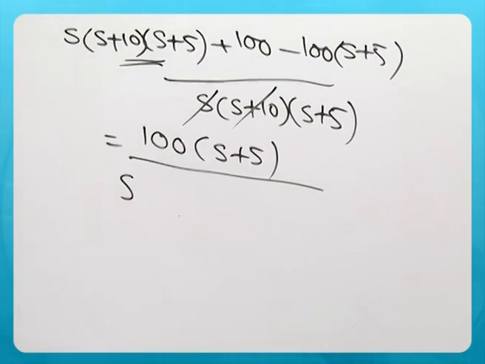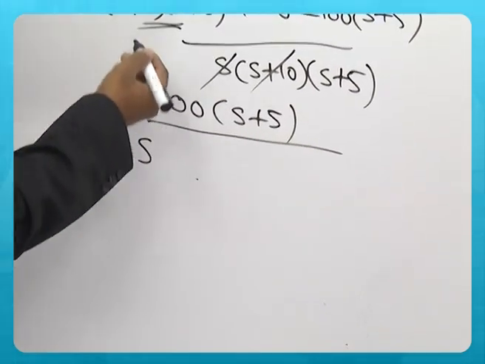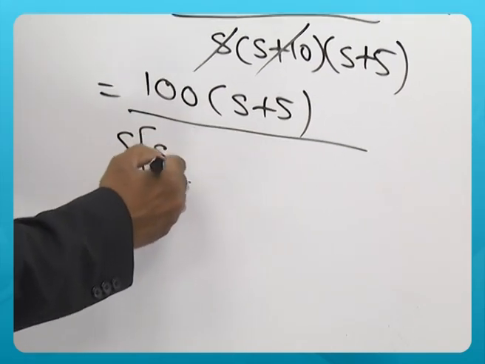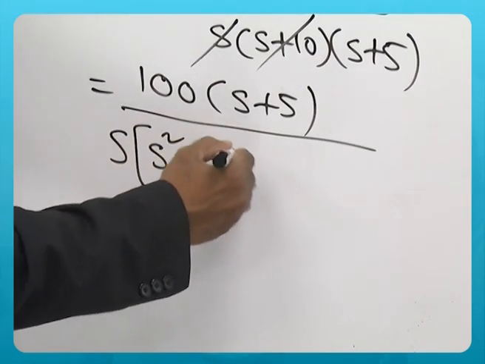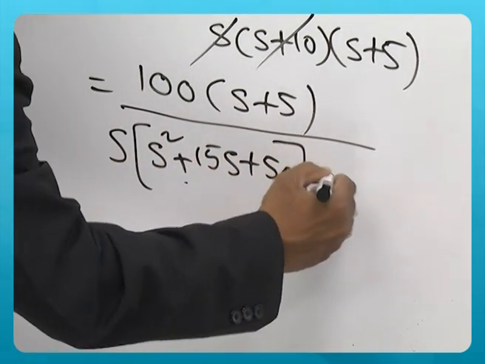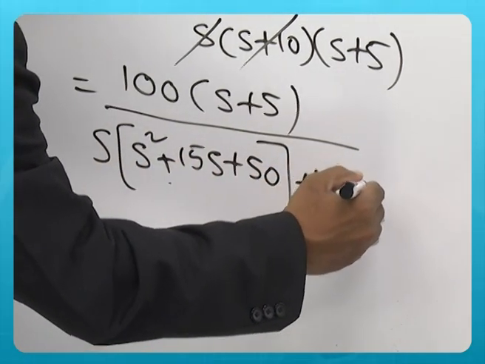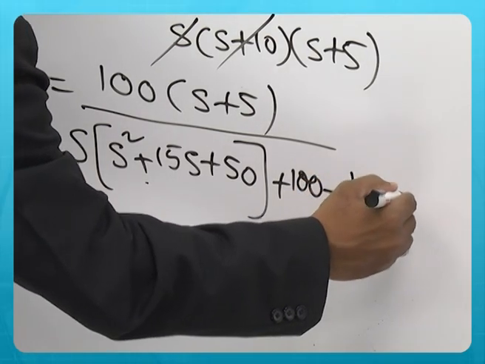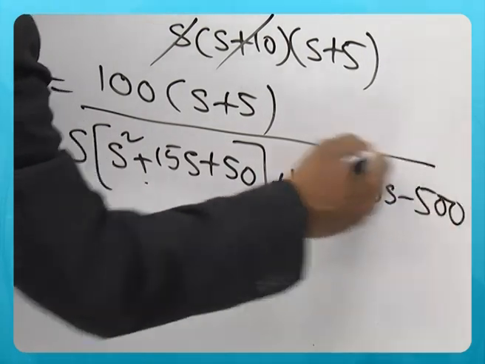If you multiply these two factors, it becomes s square plus 15s plus 50 plus 100 minus 100s minus 500.